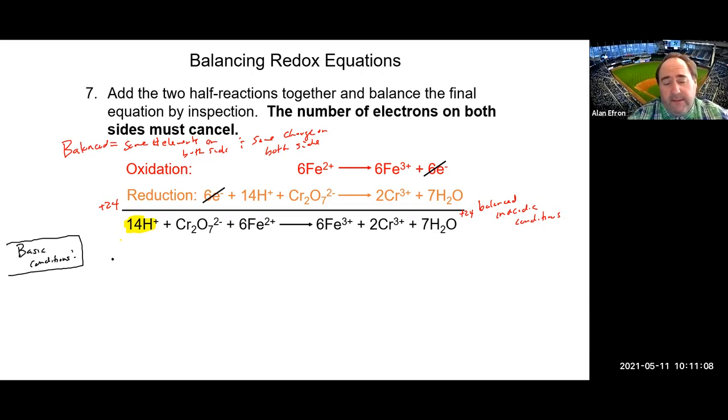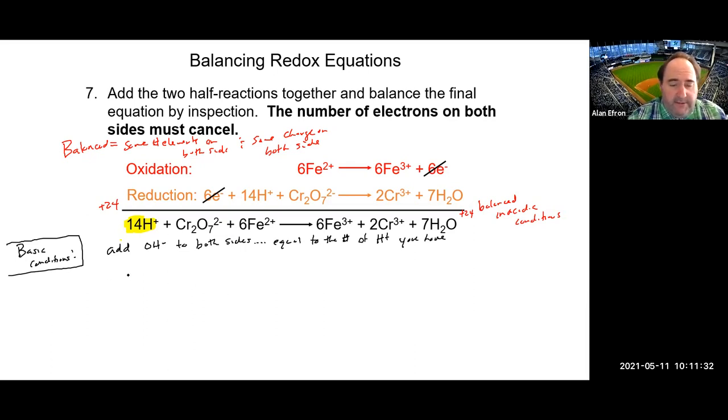When we turn it into basic conditions, what we're going to do is add OH minus to both sides. And you may be wondering, how much OH minus should I add? It should be equal to the number of H pluses you have.